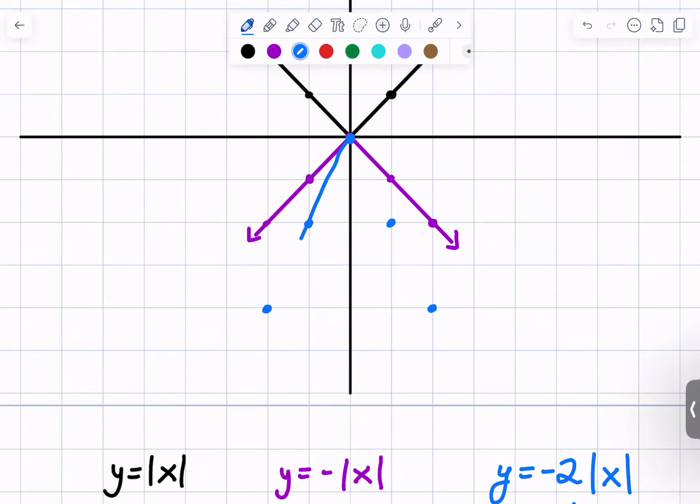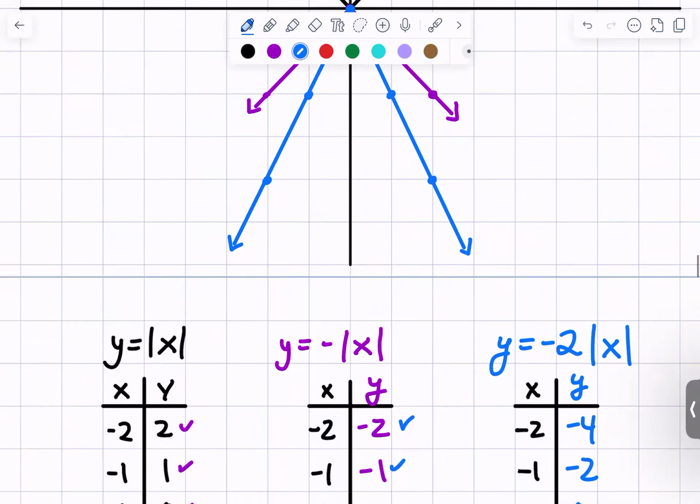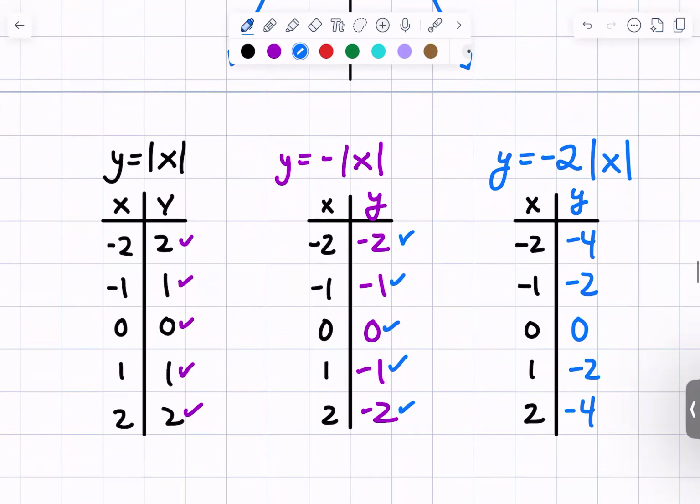So here is my function. Okay? All right? So we got that. Questions?